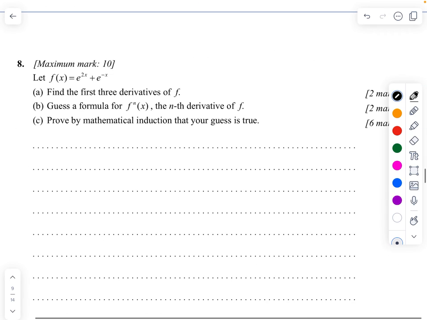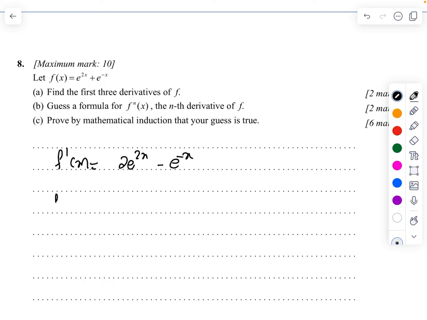Now question number 8. Find the three derivatives. So f prime x will become 2 e power 2x minus e power minus x. f double prime x, 4 e power 2x plus e power minus x. f triple prime x, 8 e power 2x minus e power minus x.